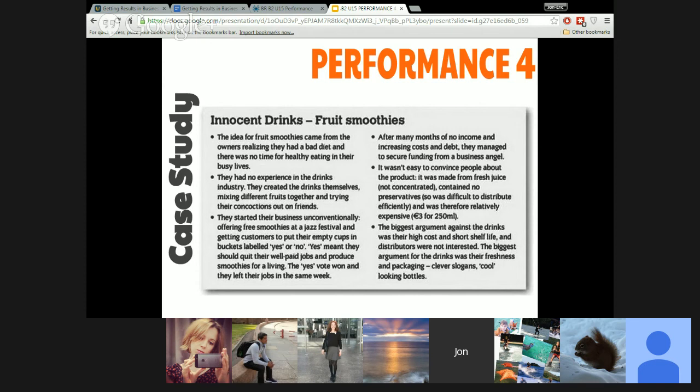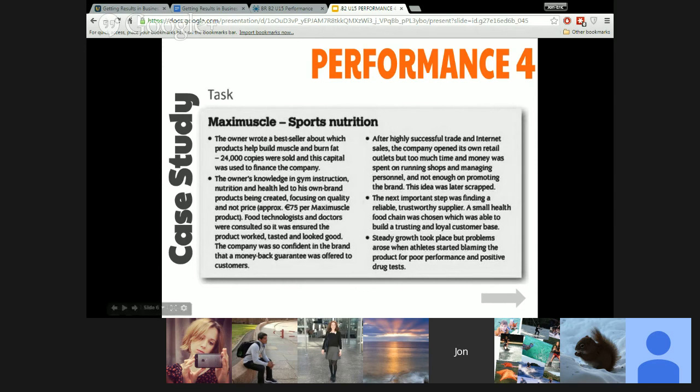Okay? So Sergio, which one is the stronger of the two for you? Well, for me, Maxi Muscle, because we have already a good reputation. We have a bad reputation for Maxi Muscle. Bad reputation right now. But actually, in the beginning, this company had a really good reputation in the market, and that's why this product was approved by doctors.